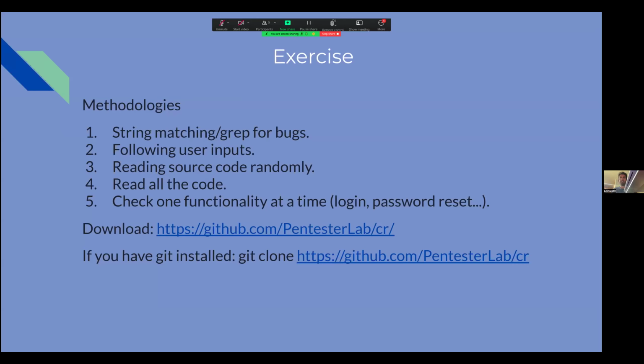That's the methodology I'm comfortable with: looking at one functionality at a time and seeing what ways you could exploit it. I can give this as a take-home assignment or activity for you guys to build on the first principles, reading some code and putting these things together. This could be your exercise for the future.